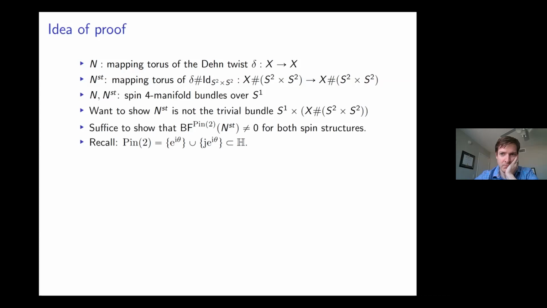As a five-manifold, S1 cross X connected sum S2 cross S2 and the non-trivial S1 bundle over X connected sum S2 cross S2 are still homeomorphic. So you can have a cobordism.